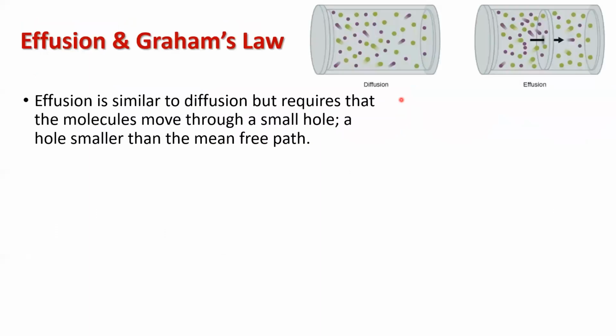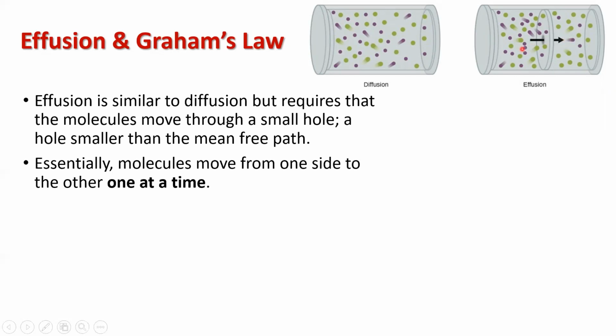Now, there's another term which is very similar to diffusion. It sounds almost the same. It's called effusion. Really the only difference is that when you talk about diffusion, you're looking at particles in one container that are moving around and evenly distributing themselves in that container. When we talk about effusion, there's a small pinhole, and the molecules can just move back and forth through that pinhole, essentially one molecule at a time.